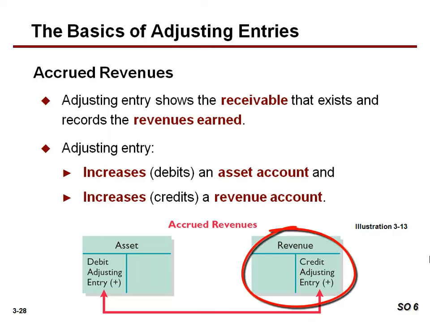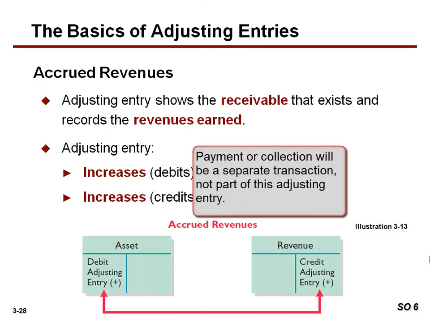In effect, this is a recognition that an asset has been obtained, the promise of our customer. Why did that asset go up? Because we made a sales revenue activity. Prime example of accrual basis accounting. Book the event, book the accrual in the period in which it is earned, not necessarily when it's paid.